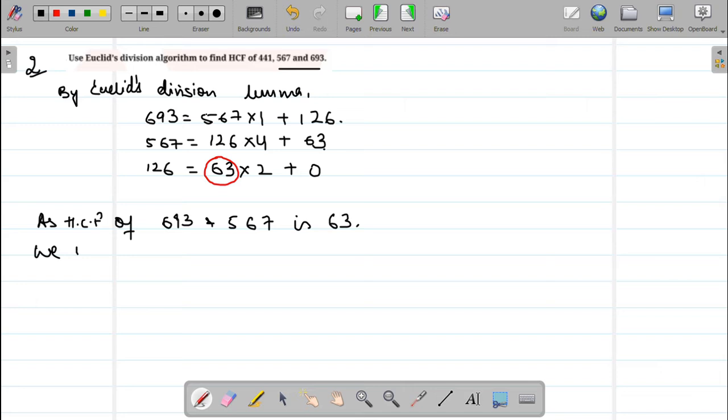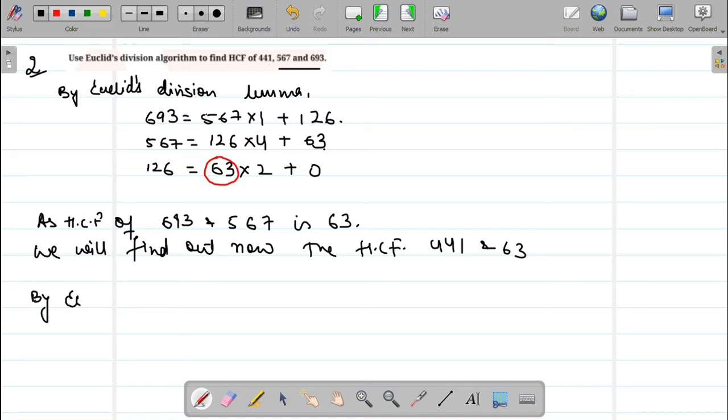We will find out the HCF of 441 and 63, because 63 is already a common factor of these two. Now the common factor of 441 and 63 will be common to all of them and will be the highest common factor. So we start once again by Euclid's division lemma.